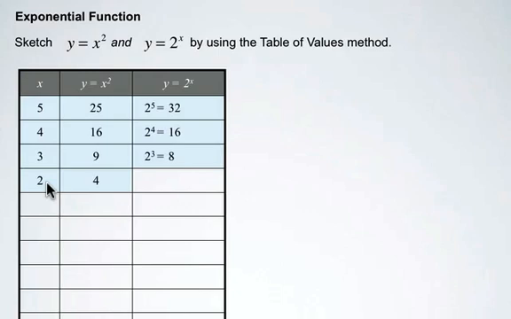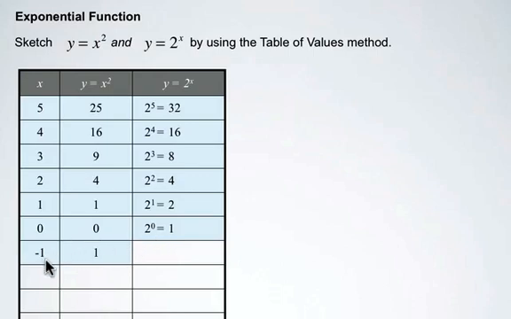For x is 2, x squared is 4, while 2 to the exponent x is 4. When x is 1, x squared is also 1, but y equals 2 to the exponent x is 2. When x is 0, x squared is 0, and 2 to the x is 1.